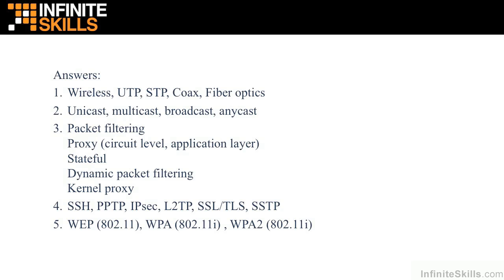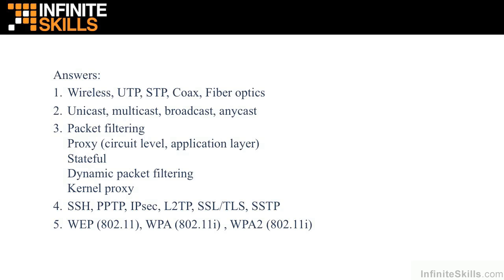Question 4 dealt with secure channels or VPNs, and we have the secure shell, the point-to-point tunneling protocol, IP security. Remember, IP version 4 does not have any native security built into it. And when they realized there's a need for security at layer 3, they had to invent a new protocol called IPsec to implement that authentication, integrity validation, and security encryption for IP traffic.